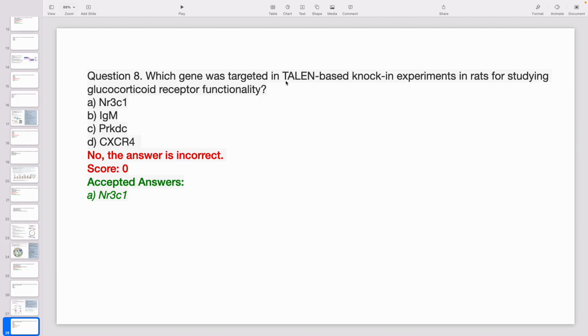Based on your objective of study, you can either knock out or knock in a gene. So basically this is how TALENs are synthesized and used for genome editing. I hope this question is clear.